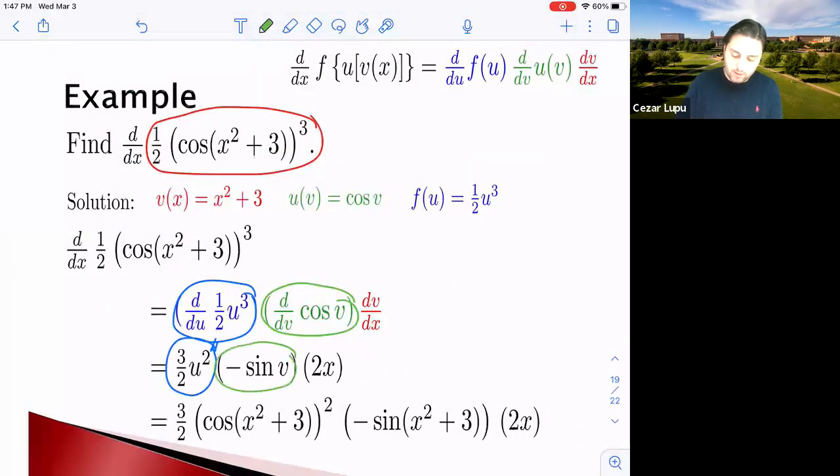You can identify as this guy because we know that the derivative of cosine is a negative sine. And also at the end, this guy here is just this guy because the derivative of the function v of x is just 2x. And then you just plug it in, right? Okay.